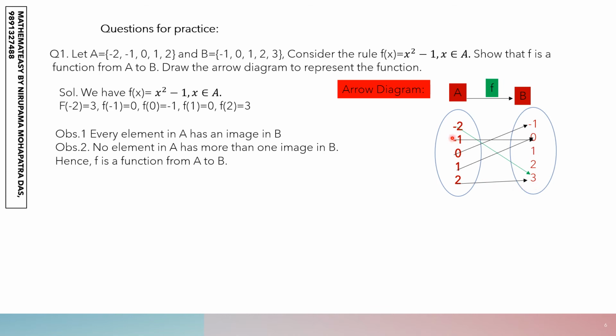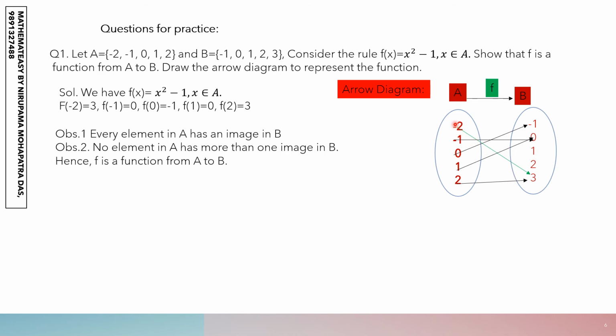Even though -2 and 2 are both associated with 3, the definition says every element of A is associated with a unique element of B. So if -2 were associated with 3 and also with 2, in that case it would not be a function. But -2 is associated with 3 and not with any other element.